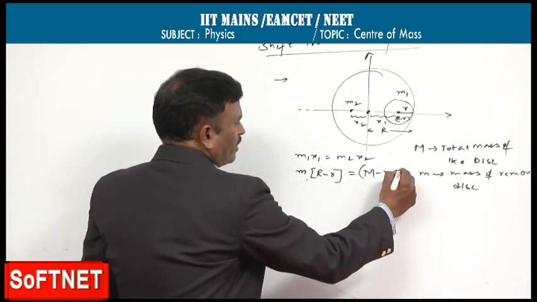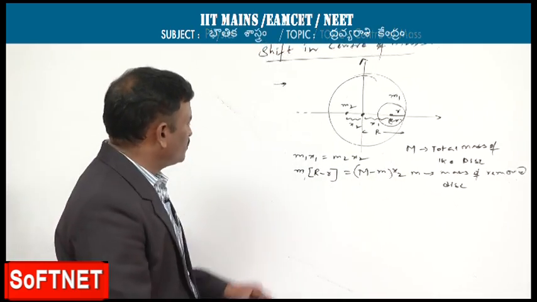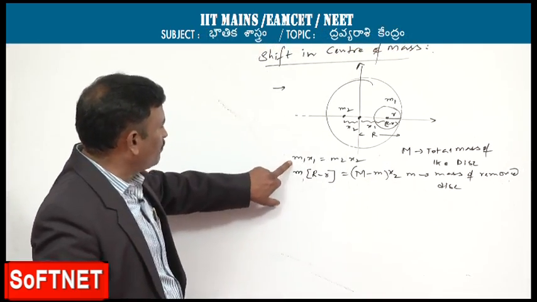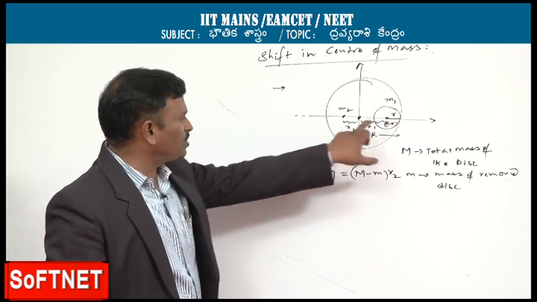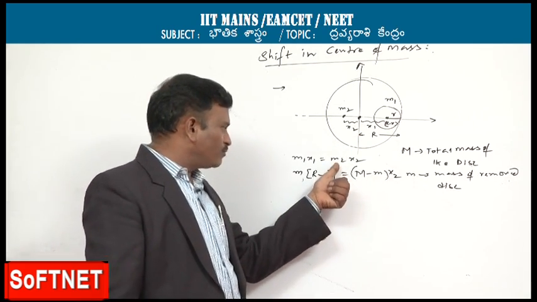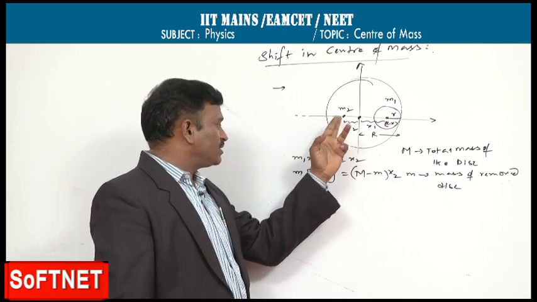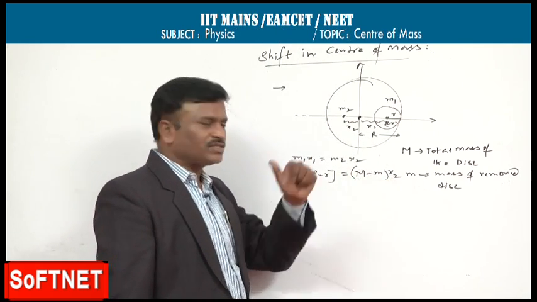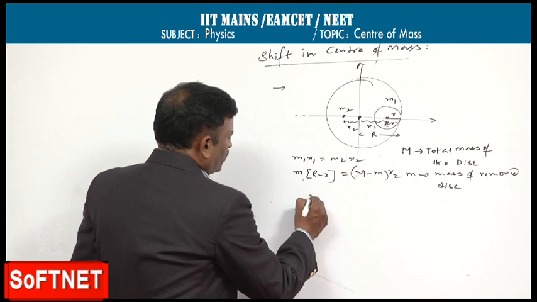Now x2 we need to find out. Simply I am substituting small m. x1 is the position of the removed mass and m2 is the remaining mass, capital M minus small m, into x2. Here we want x2.